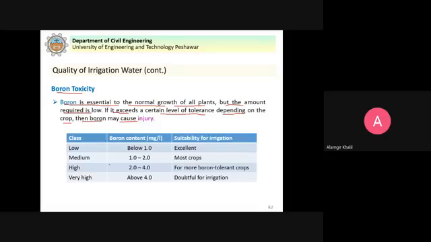So this is a guideline given: class low, boron content below 1 milligram per liter, suitability for irrigation is excellent. Medium class, 1 to 2 milligram per liter, suitable for most crops. High, 2 to 4, for more boron tolerant crops. Very high, that is above 4, should not be used for irrigation.